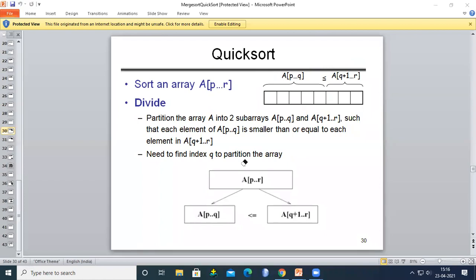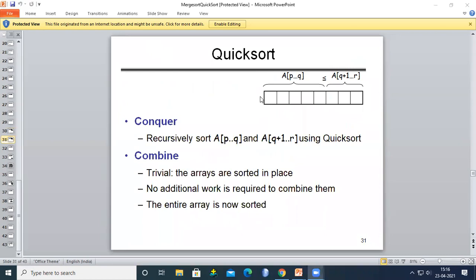Now see the next one. Conquer. Conquer means finding the solution, or recursively sorting. Here the problem is sorting. Sorting means arranging the elements in ascending order or in descending order. Here we are arranging the elements in ascending order.